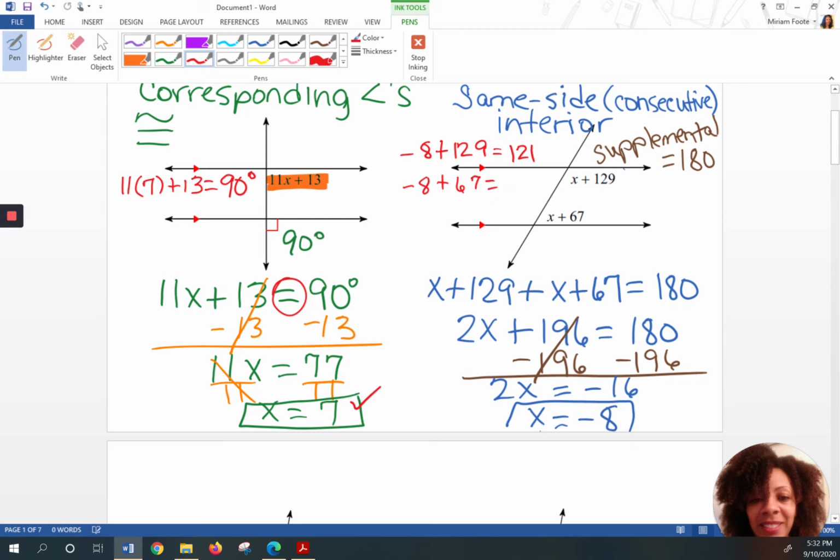When I do my math, it's 67 minus 8, and I'm going to end up with 59. If this negative 8 is correct, those two answers should add up to equal 180. One angle plus another angle when it's same side interior equals 180 degrees, and that's what happened. So yes, that is correct as well.